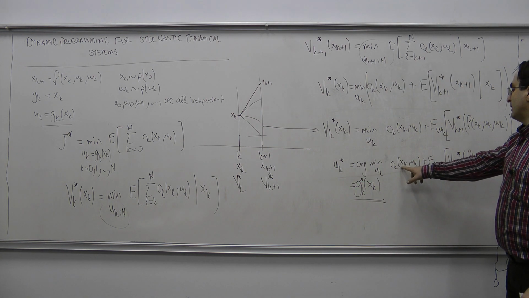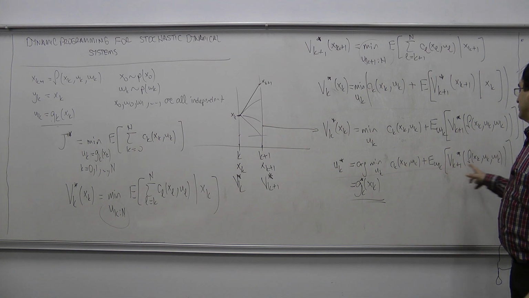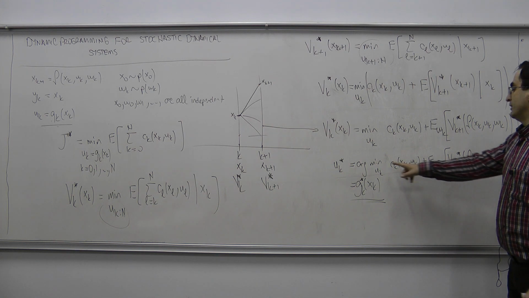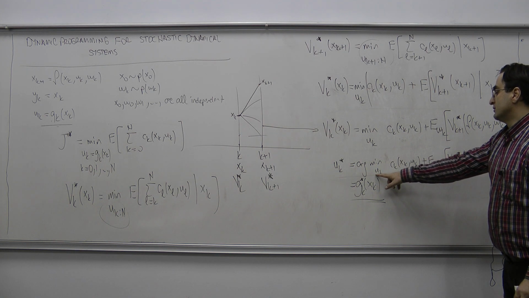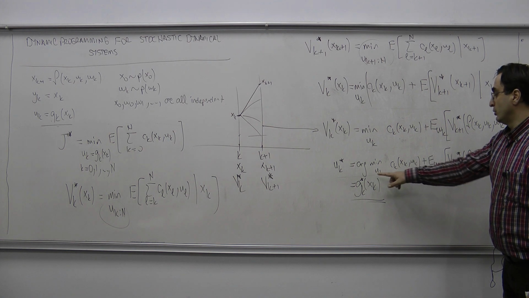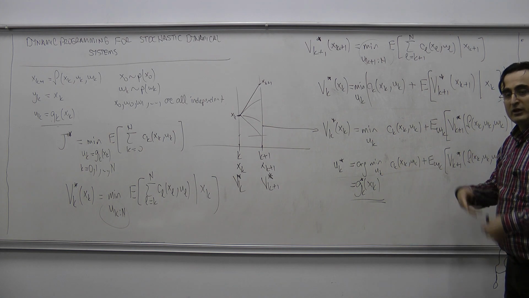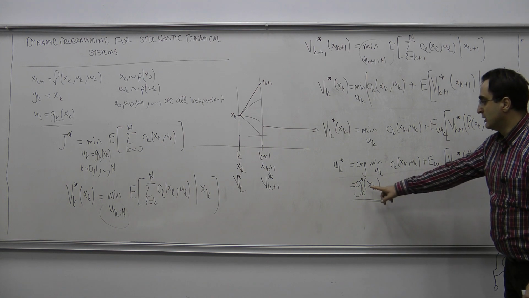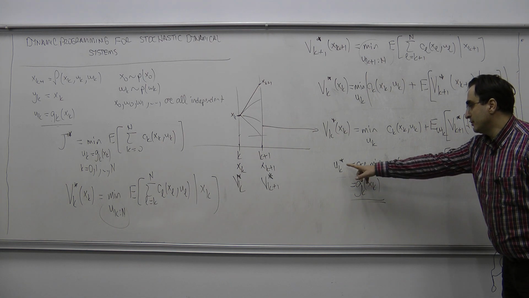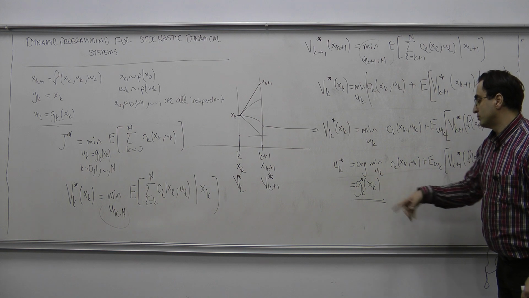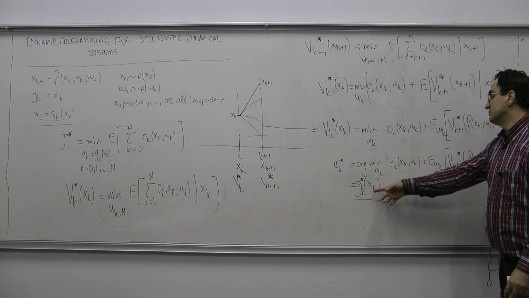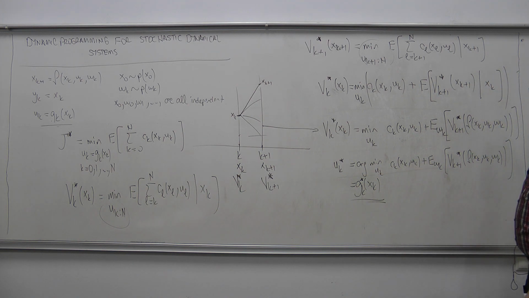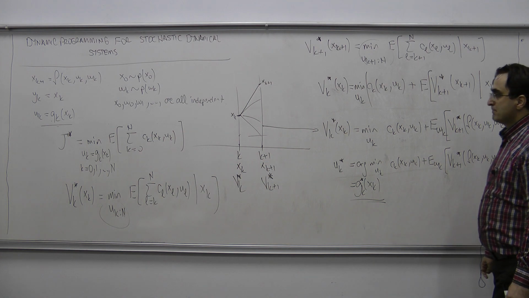So we see that here xk acts as a deterministic variable. So when I make this minimization, the minimum over uk is going to be with respect to xk. For each xk there would be a different minimum as a function. So that means that this uk star is going to turn out as a function of xk at the end of this minimization.